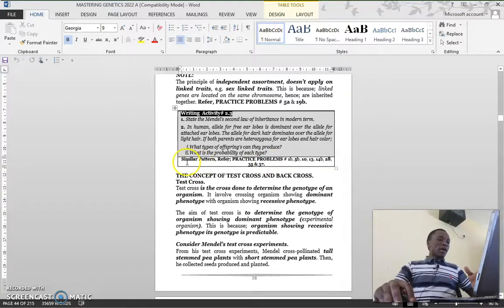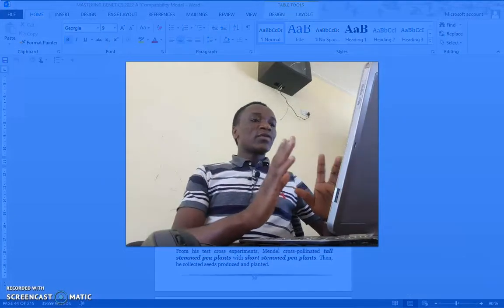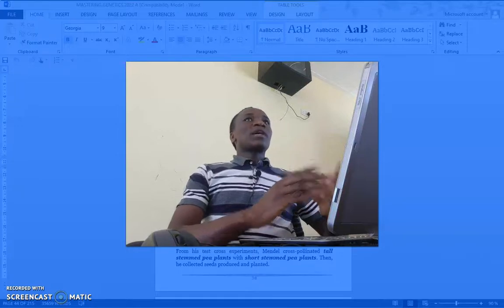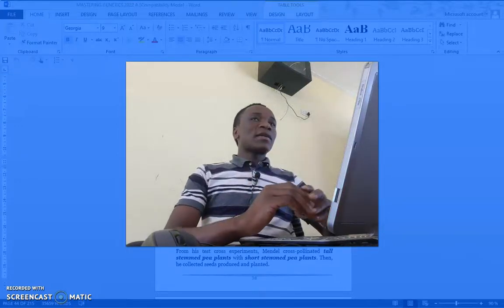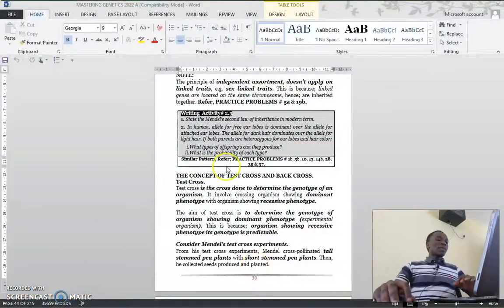You'll find written there: similar pattern, refer to practice problems number 1B, 5B. When you have already successfully performed this problem, you'll be aware of the guidelines, or the tricks, on how to solve that dihybrid problem. If you need to practice more from other problems, you will see that link below that particular question.